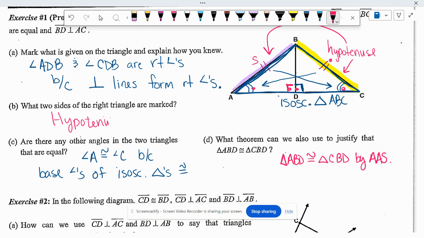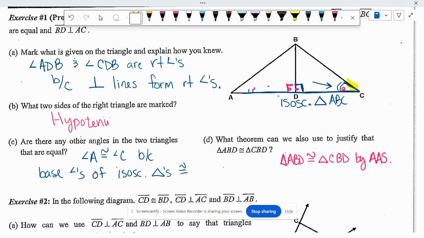And then remember, if triangles are congruent, all of their corresponding parts are congruent, right? So if these two triangles are congruent to each other, then all of their corresponding parts are congruent. Well, we know this is congruent to itself, reflexive. We were given at the beginning that this is congruent to itself.